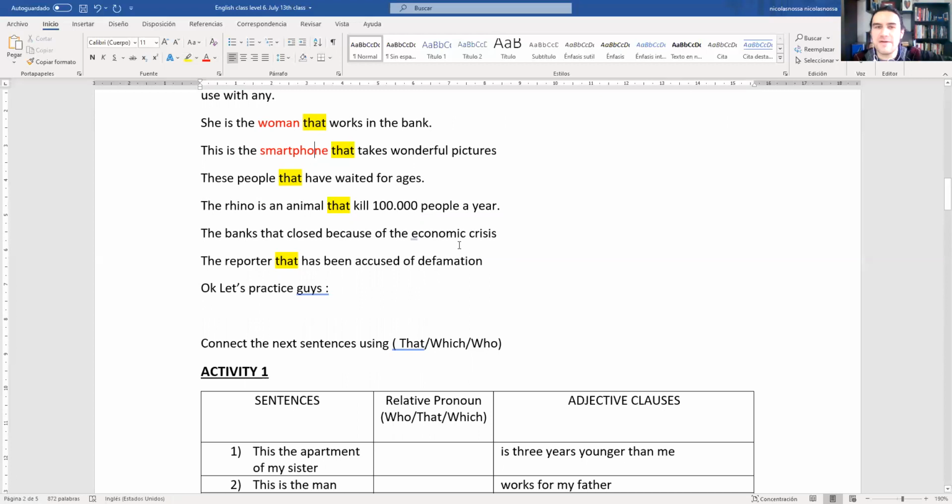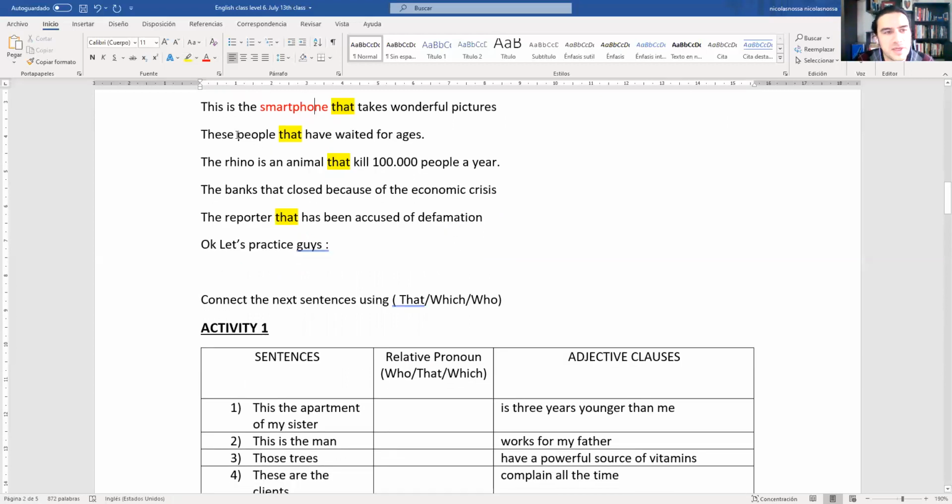That is for everything, okay? Now, the next example, these people, I'm talking about people, these people that have waited for ages, okay? The rhino, an animal, no? The rhino is an animal that kills 100,000 people a year, okay? So I'm talking about an animal, rhino.